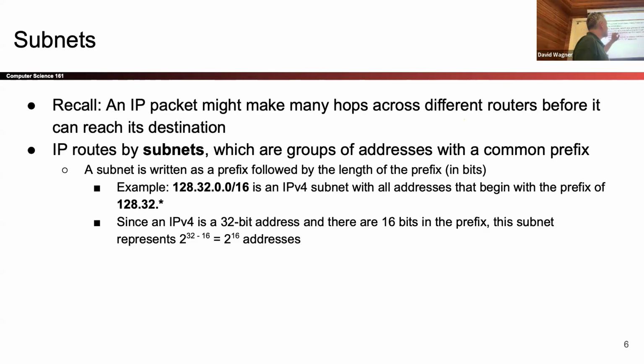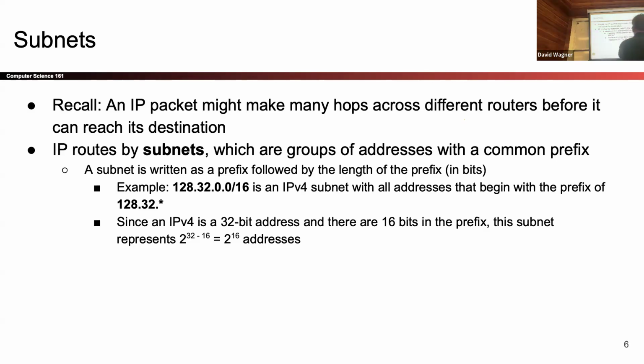Given an IP address, you can split it into the first part, which is the subnet identifier, and the rest, which is the identifier of the machine, the host. The thing is that the split isn't always the same. Sometimes it's 16 bits for the subnet, sometimes it's 24 bits, sometimes it's 22 bits.